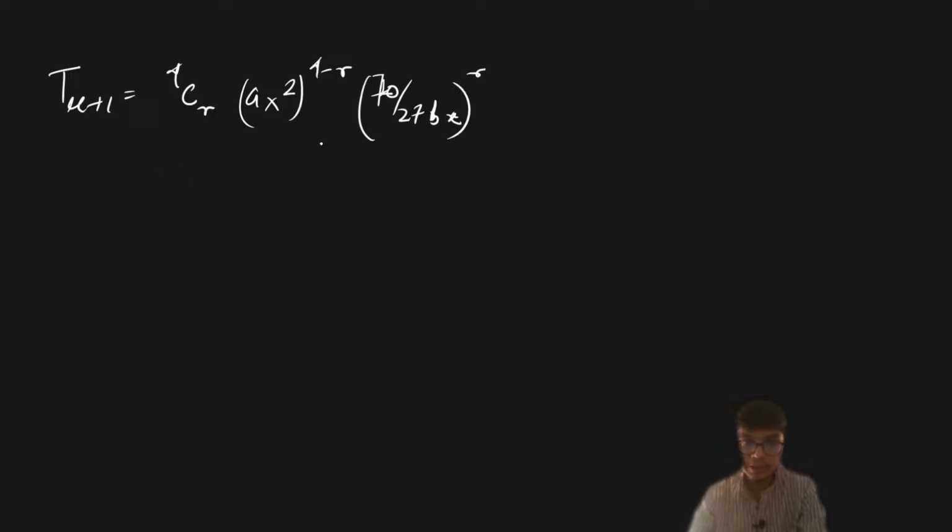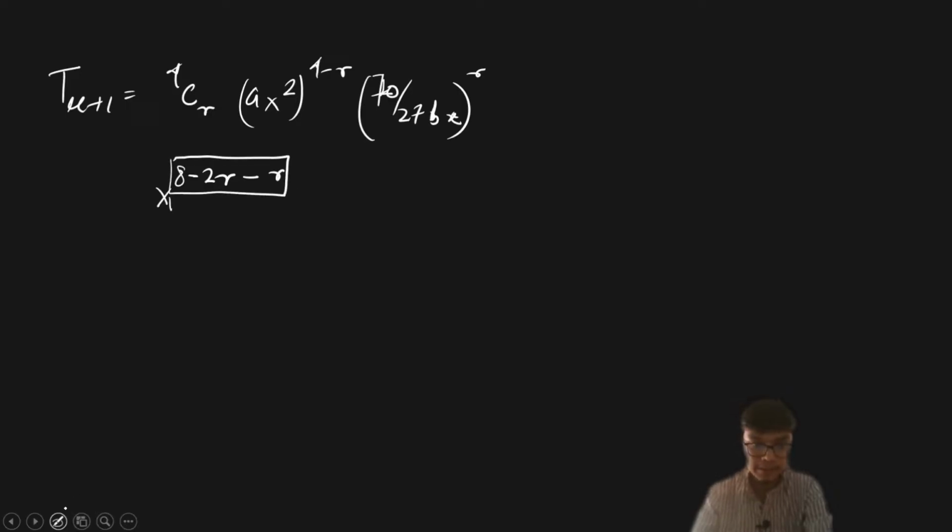If I find the power of x, I will get x to the power 8 minus 2r minus r, so that is going to form as 8 minus 3r.